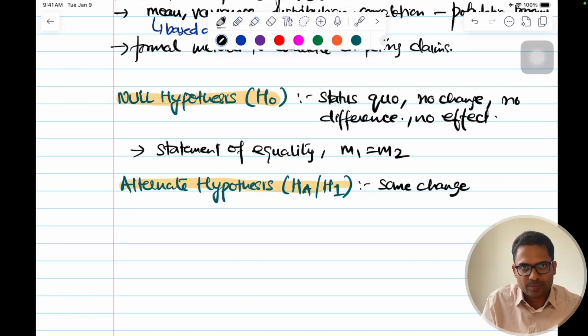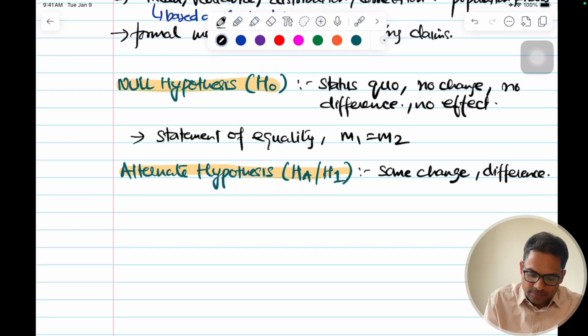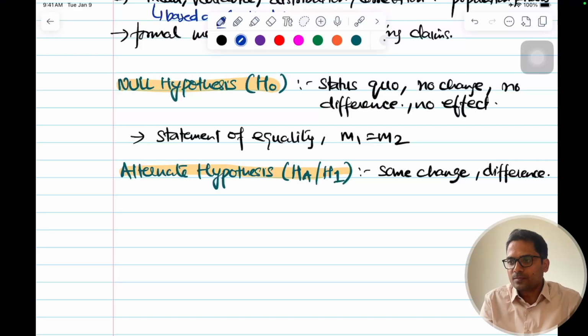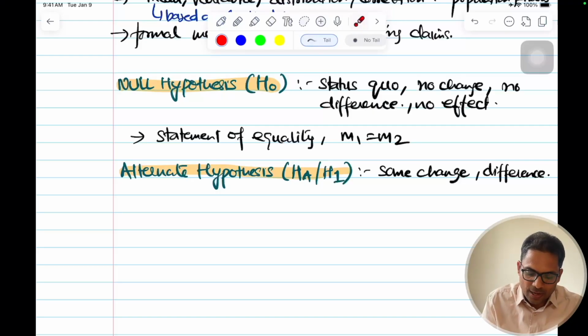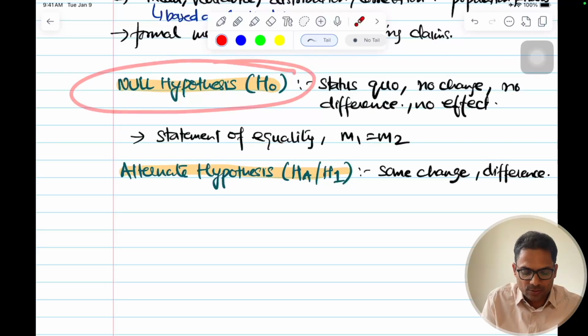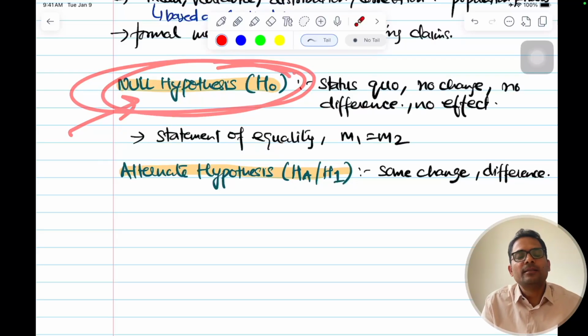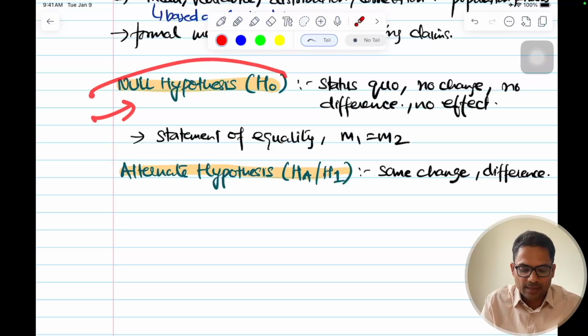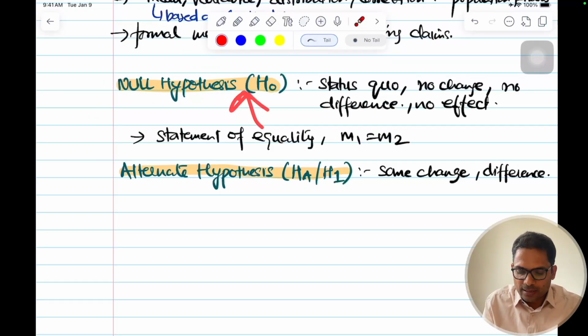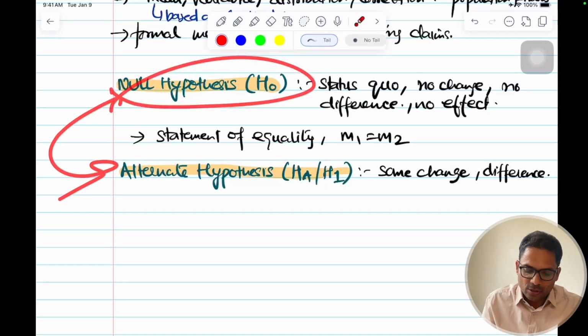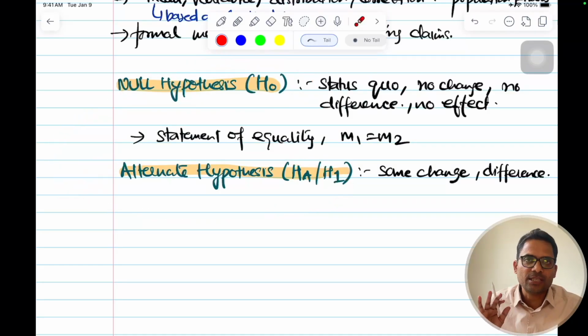These both are statements, claims: some change or difference, and all things that are opposite. Either of these will be true. Generally all the testing is done on the null hypothesis only, and the basis is whether we accept or reject. If we accept the null hypothesis, it means nothing has changed, and if we reject the null hypothesis, it means the alternate hypothesis is true, meaning there is some change or some difference.